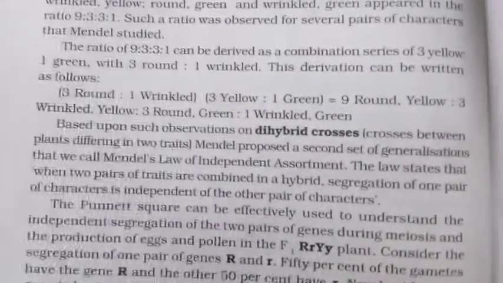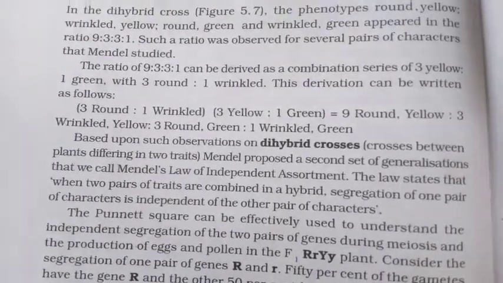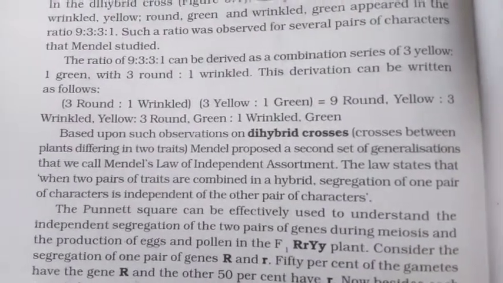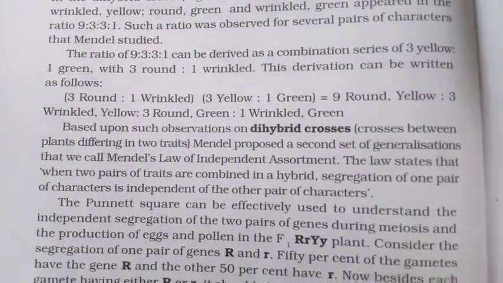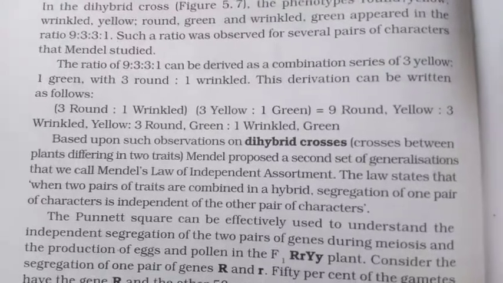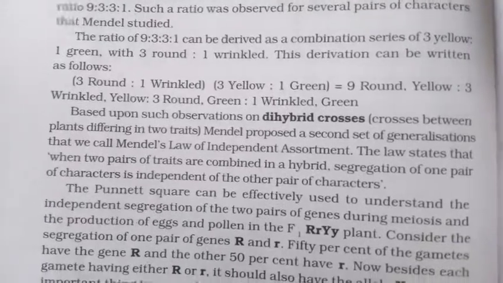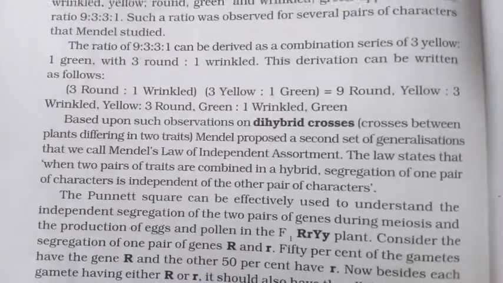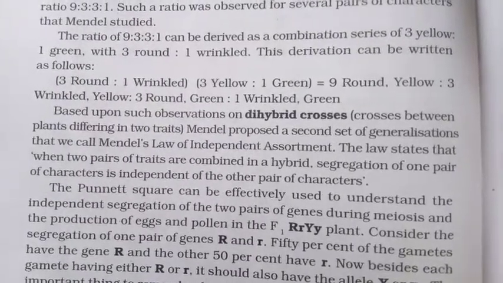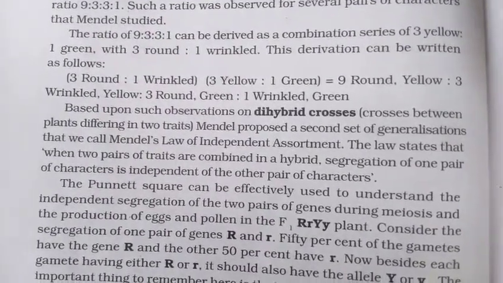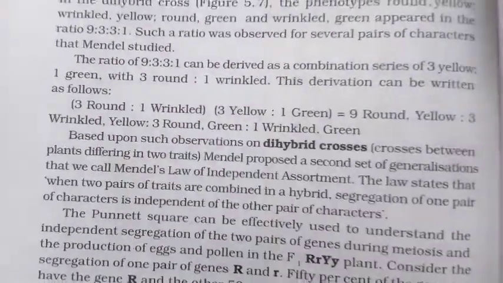And that is the ultimate ratio of 9:3:3:1. Based upon such observations on dihybrid crosses, as crosses between plants differing in two traits, Mendel proposed a second set of generalizations that we call Mendel's law of independent assortment. This law states that when two pairs of traits are combined in a hybrid, segregation of one pair of characters is independent of the other pair of characters.